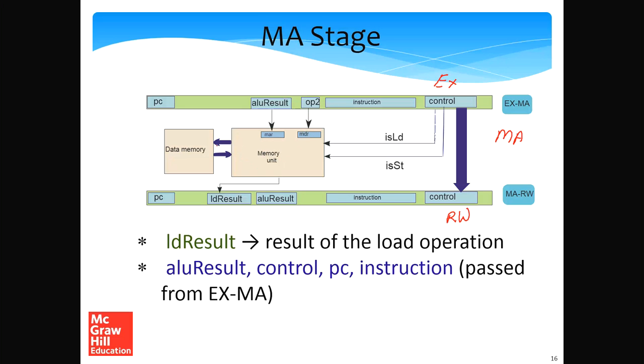Then the memory unit works, it interacts with data memory, and it's controlled by two control signals, isLoad and isStore. The result of the memory unit, in the case of a load, is stored in the field called load result in the MARW register. So load result contains whatever we loaded from memory, and the rest of the fields just continue: the program counter continues, the ALU result that we had computed is written in this register, and so are the instruction and relevant control signals.